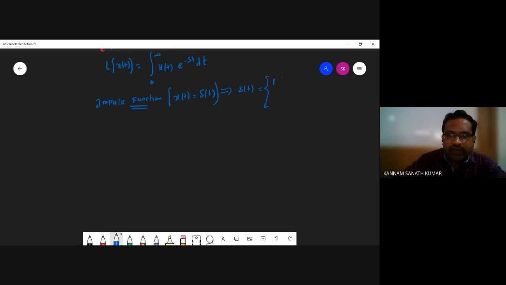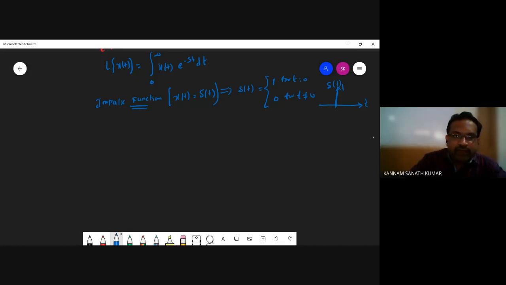So del of t equals 1 for t equal to 0 and 0 for t not equal to 0. In the waveform, this amplitude is 1, this is del of t, and this is t. This is the waveform representation of an impulse function.